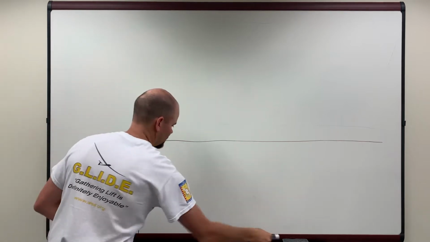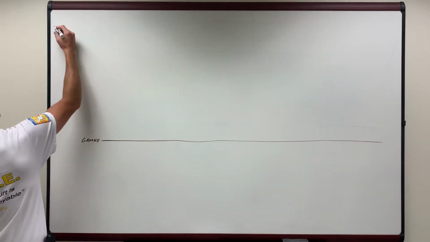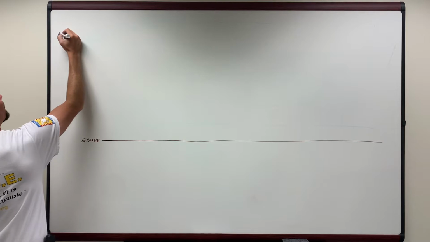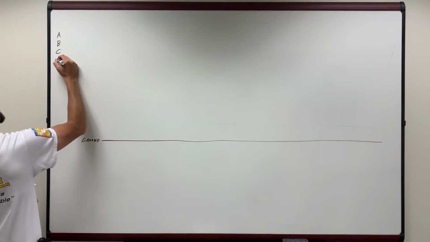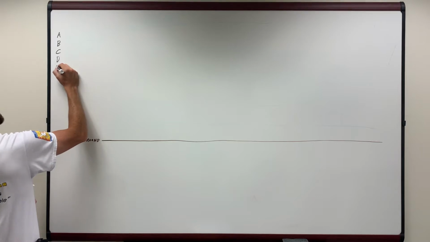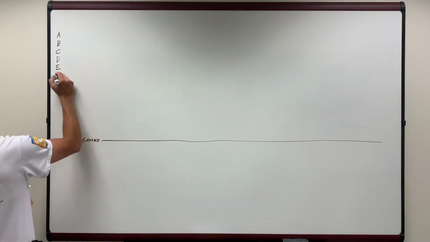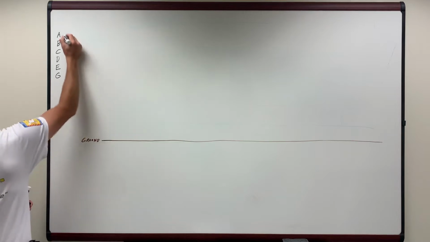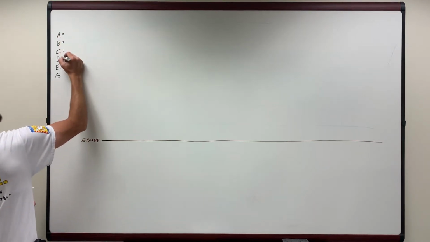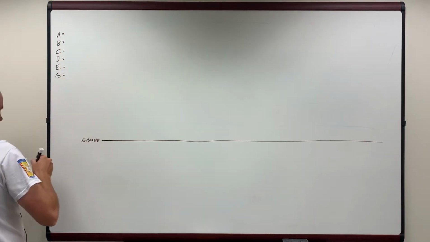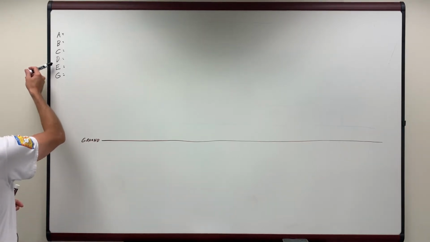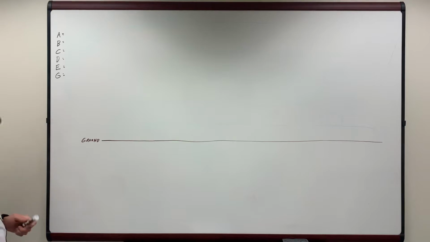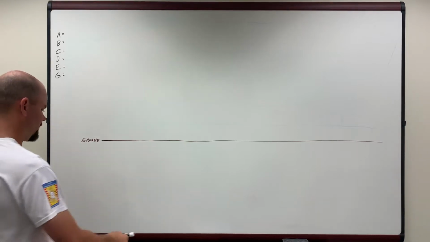All right, so our airspaces are Class A, B, C, D, E, no, not F, G. Also referred to as Alpha, Bravo, Charlie, Delta, Echo, and Golf. All right, we're going to start with the easiest one first.